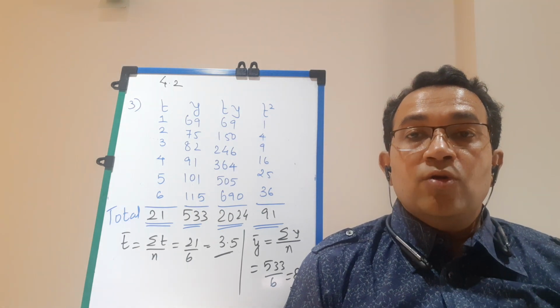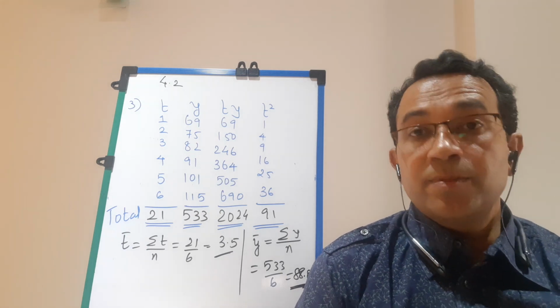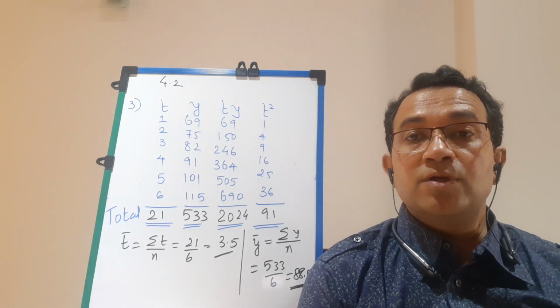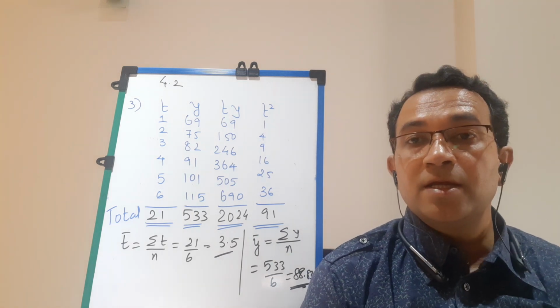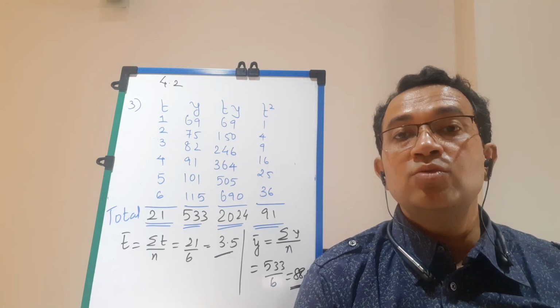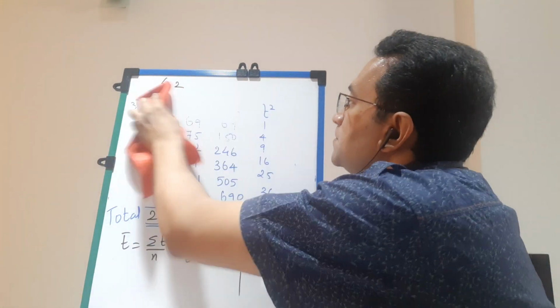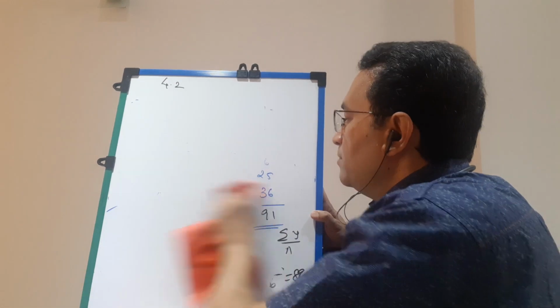Okay, students, now the next step, that statement I will not write now. The trend line equation is yt cap is equal to a plus bt. Instead of writing the whole statement, I will only write yt cap is equal to a plus b into t. And directly, students, I will write the formulas of b and a.